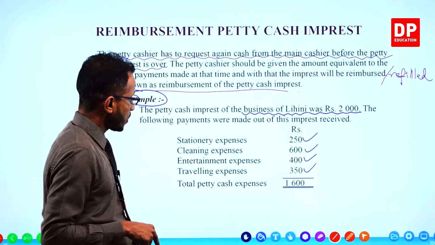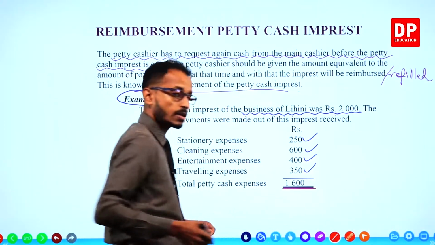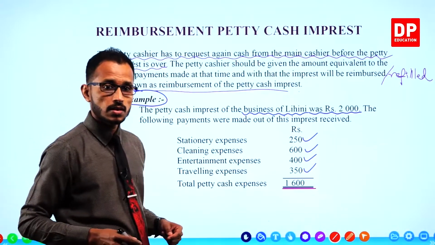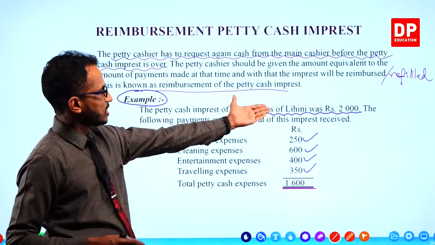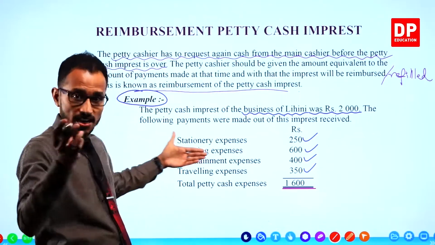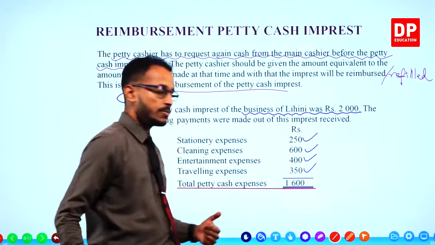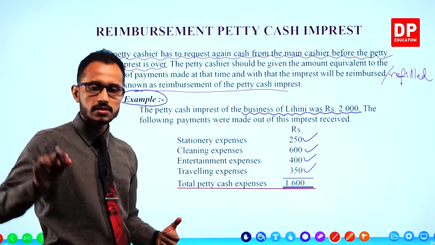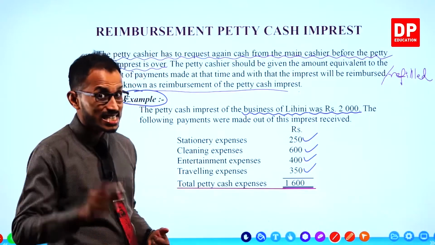Now, children, we have a total of 1,600 petty cash expenses. In this business, Lihini's business, the petty cashier has had a total of 1,600 spent. But what is his imprest?